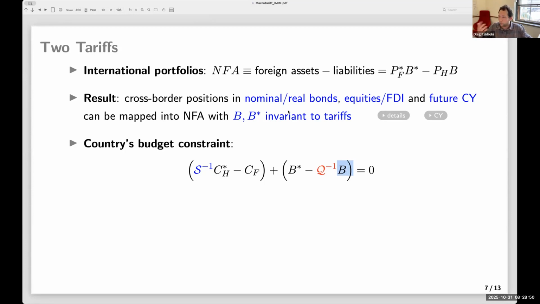So this could be dollar real bonds, like US real bonds, or US nominal bonds denominated in dollars, or equities of the American companies, or FDI of foreign companies into the US. All of those have these properties that they look like B. And the relevant valuation effect on them would be the real exchange rate.